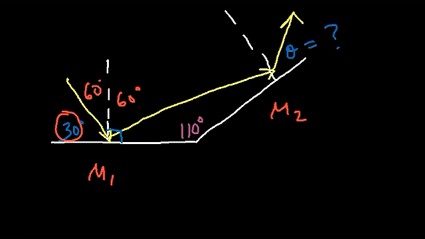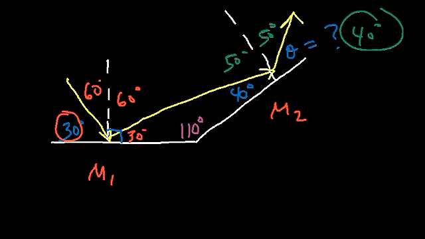So this side is 60, which means this is 30. Now the three angles in a triangle must add up to 180. So 180 minus 110 minus 30, that's 40. So the missing angle is 40, which means that this angle is 50, and according to the law of reflection, this angle must be 50 as well, which means that theta is 40. So using the law of reflection, you can easily find this angle.